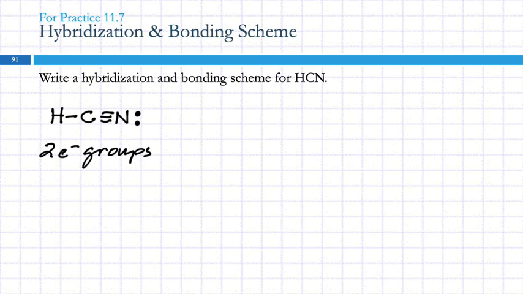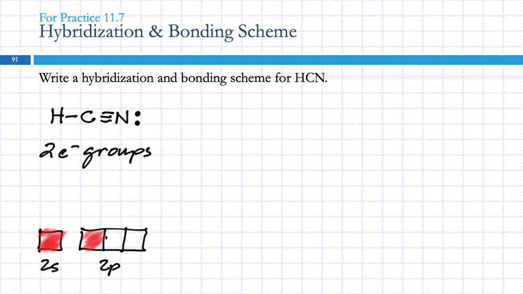So here we've got carbon, and if we look at carbon's valence shell, this is the 2s and 2p. Two electron groups means I need to take two of these orbitals and hybridize them. I'm going to start with the s and then work my way over to get however many I need.